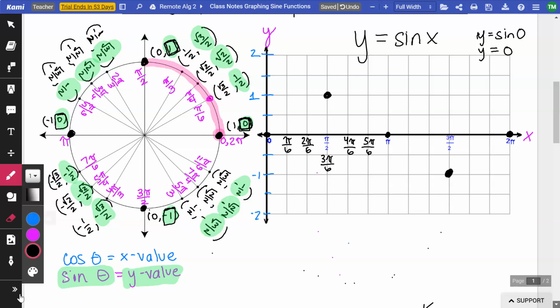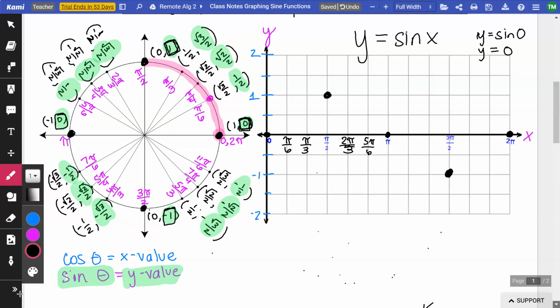So 2 pi over 6 reduces to pi over 3. 3 over 6 reduces to 1 over 2, so pi over 2. 4 over 6 reduces to 2/3, so this is 2/3 pi, or 2 pi over 3.